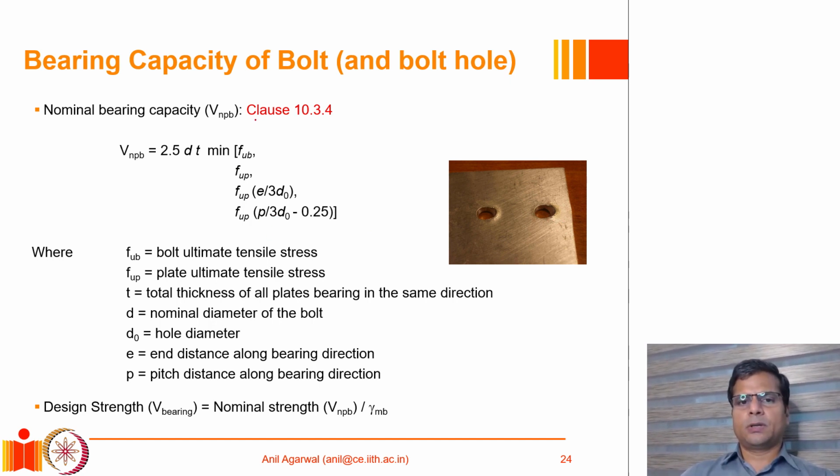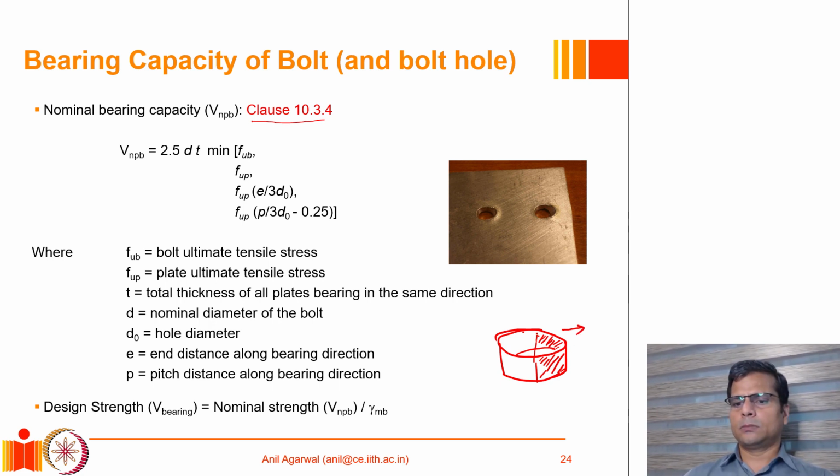The expression for the bearing strength of a bolt is given in clause 10.3.4 of IS 800. Now here, as you might imagine, if I look at a bolt hole, there is a bolt inside, with the shank loading this half of the shank surface area in this direction.